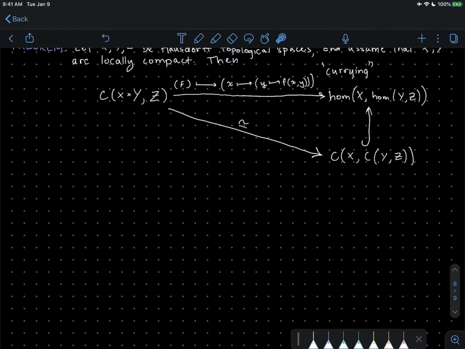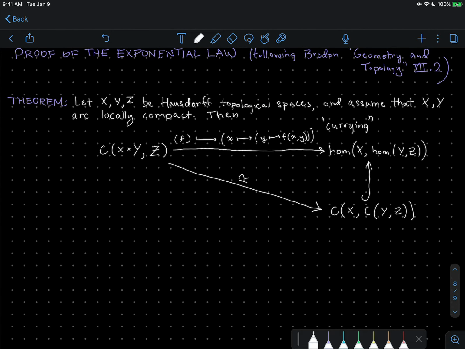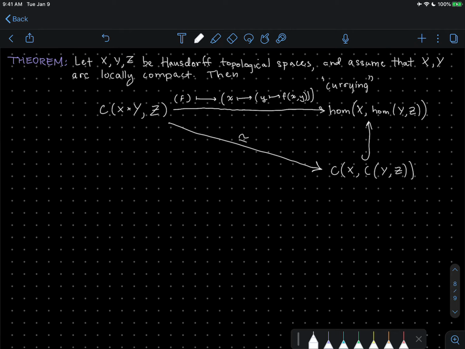Okay, for whatever reason my iPad has been freezing a lot lately. That is the statement of the exponential law that we will be proving.